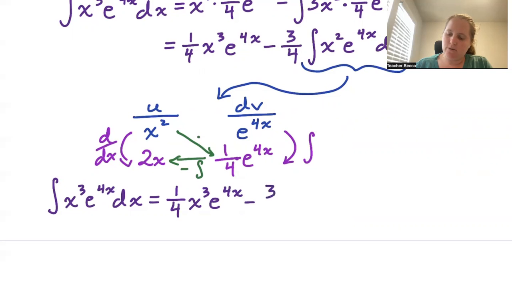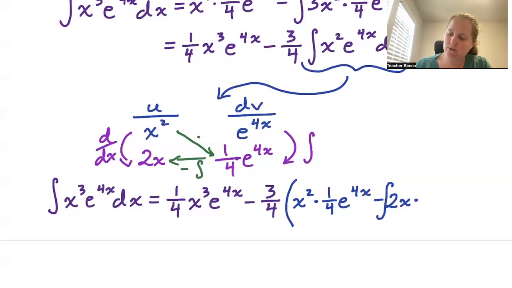We subtract off 3/4 of our new integral. Our new integral, we have an x squared times 1/4 e to the 4x. We subtract off the integral of 2x times 1/4 e to the 4x dx.